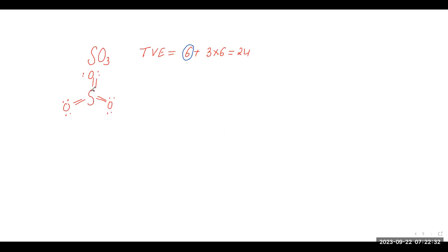Check the formal charge on sulfur. 6 minus 6 minus 0 is 0. See? Sulfur has no problem with this expanded octet. Oxygen formal charge: 6 minus 2 times 2, 0. Everybody is with 0 formal charge here, right?